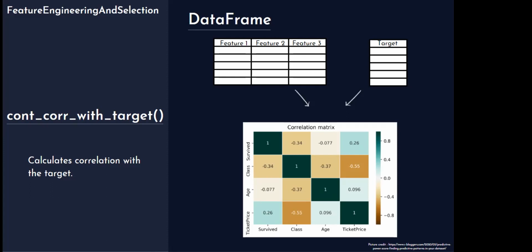You will remove or you will keep? Actually, we will keep it. If the feature values increase with the target value, then the correlation will be positive. If one increases and the other decreases, then it will be a negative value.